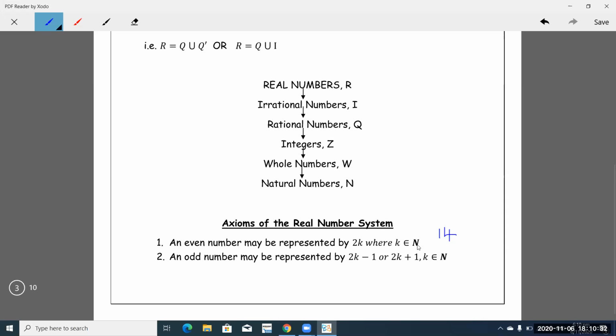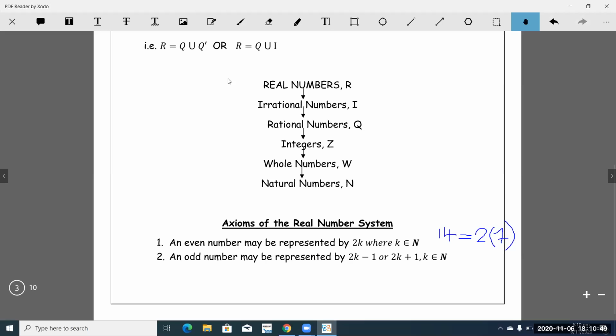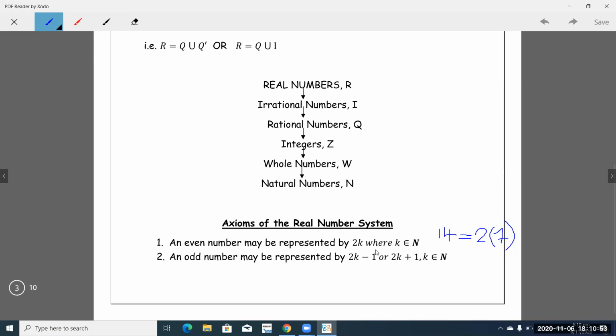So what we can conclude is that 2 times any number k is said to be an even number. Because as you can see, 14 is 2 times 7. 7 is odd, and when you multiply it by 2, we get an even number. So generally they say 2k, and k has to be a natural number.